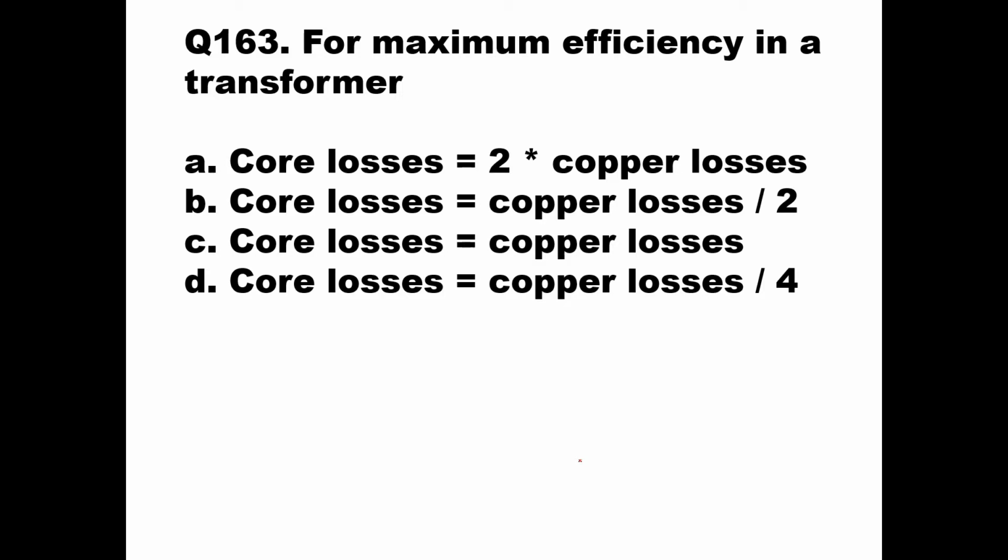In this case, the third statement, that core losses are equal to copper losses, is the right answer, because only if iron losses are equal to copper losses will the maximum efficiency come out of a transformer. So for maximum efficiency, the iron losses or core losses should be equal to copper losses.